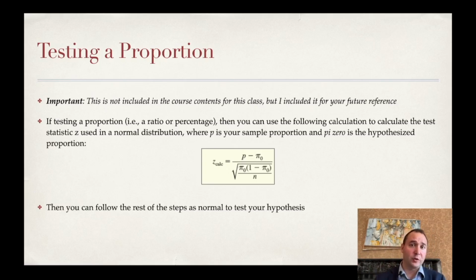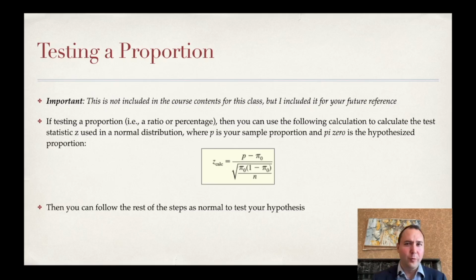When testing a proportion, for example, let's say that my cafe has 80% market share. Well, I can't have more than 100% market share, and I can't have less than 0% market share. So in other words, a proportion is limited because it has to be between 0 and 1.